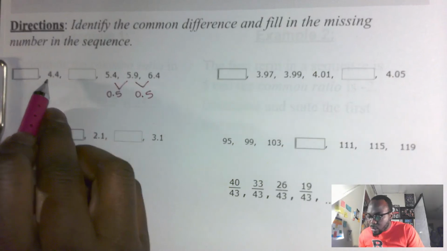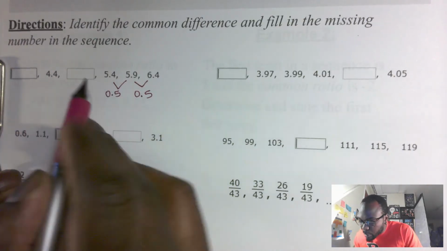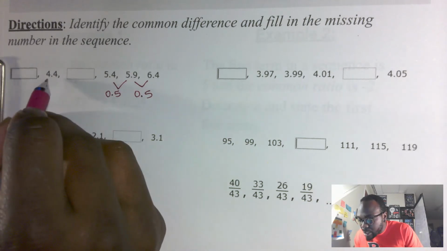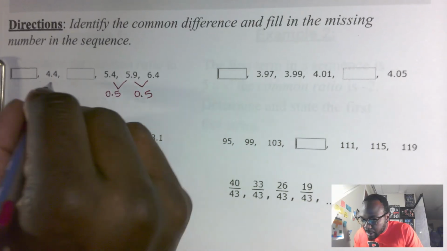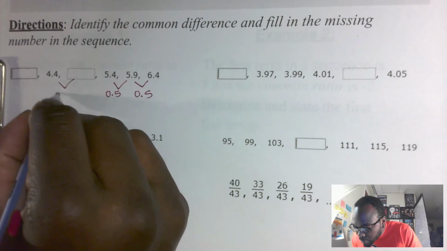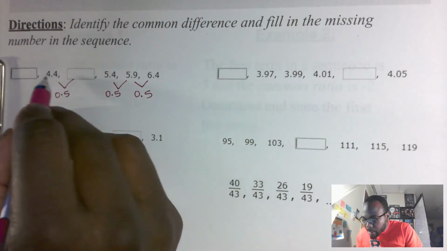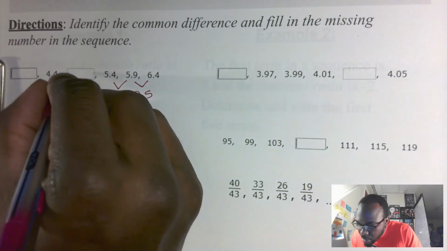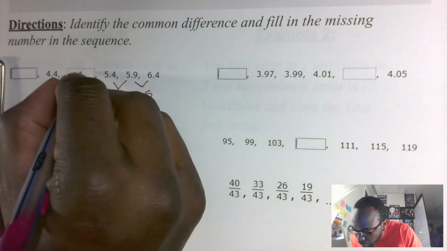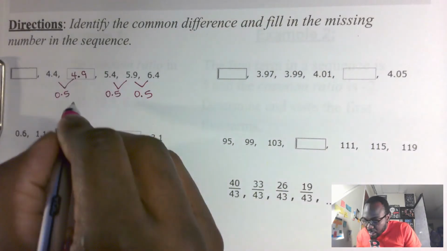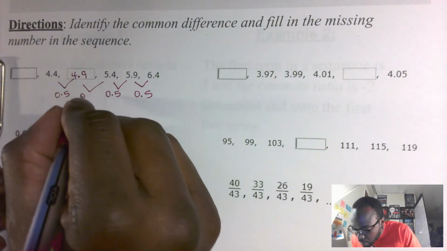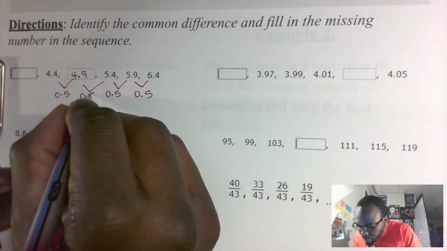So if I go from 4.4 and I have a common difference of 0.5, if I add 0.5 to this right here, right, 0.5 plus 4.4 is going to give me 4.9. And you can see that to go from 4.9 to 5.4, there's also a common difference of 0.5.